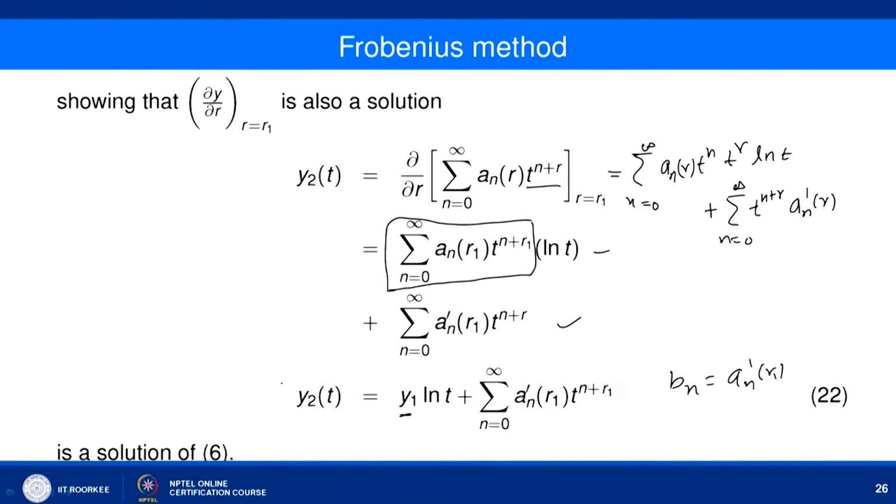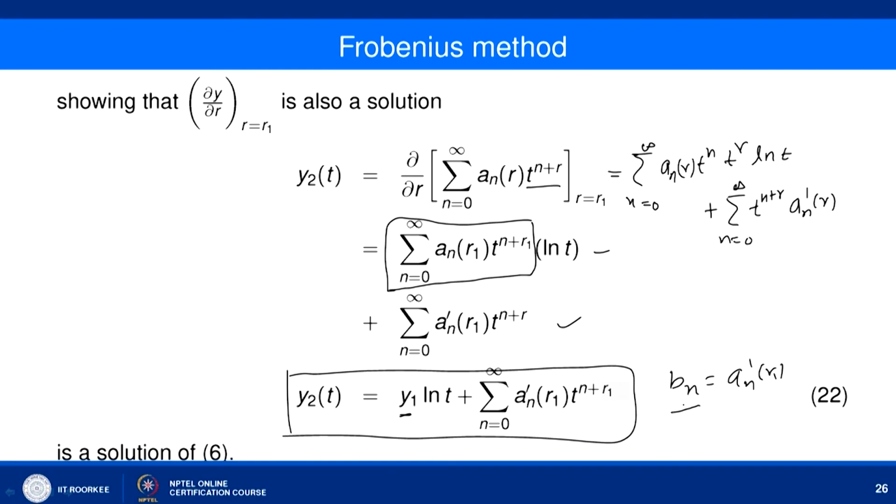Here we have seen that if one solution is given by y1 t, then another solution is given by y2 t as ∂/∂r at r equal to r1, and it has this expression: y2 t equal to y1 ln t plus summation n equal to 0 to infinity a n dash r1 into t to the power n plus r. So, as claimed, this has the form which we have already claimed. The only thing is that b n is now replaced by a n dash r.